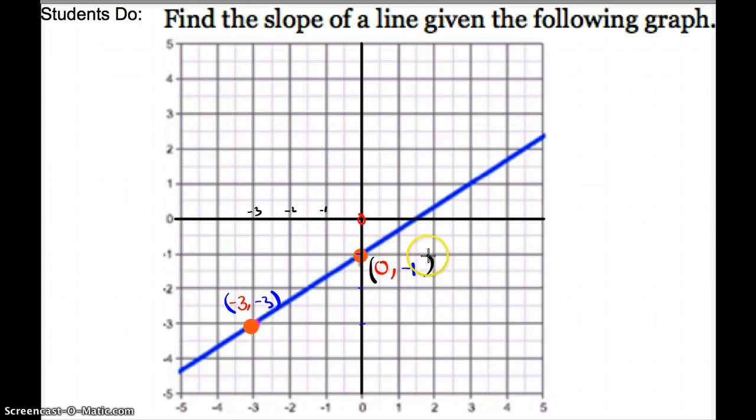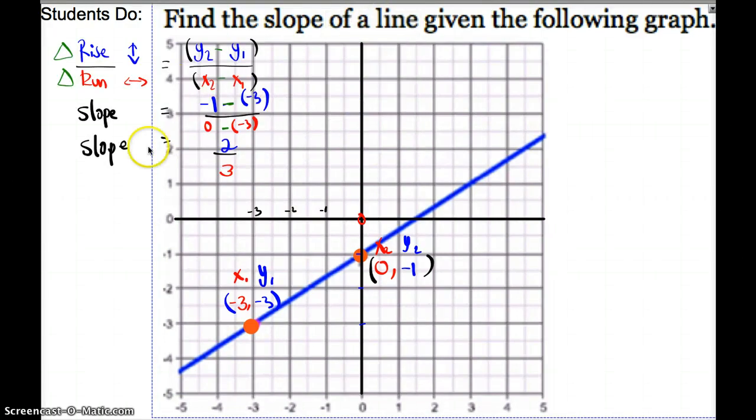So now I have my 2 points. We can label them properly: x1, x2, y1, y2. Okay. Let's fill in our graph.